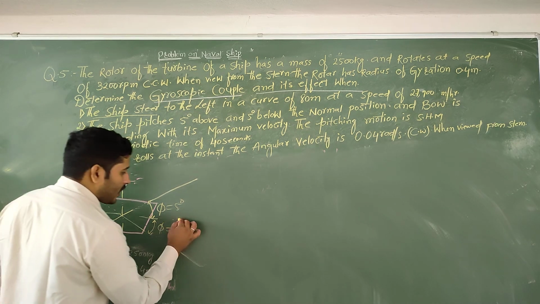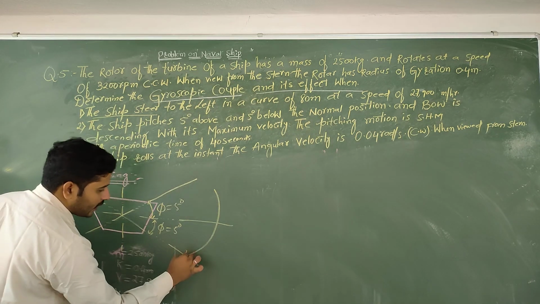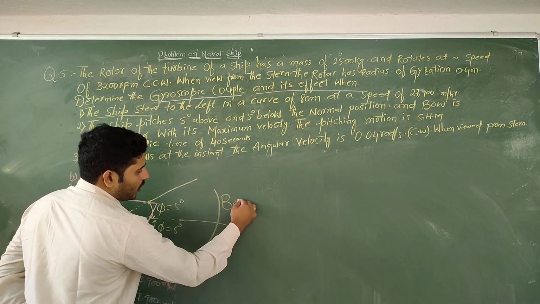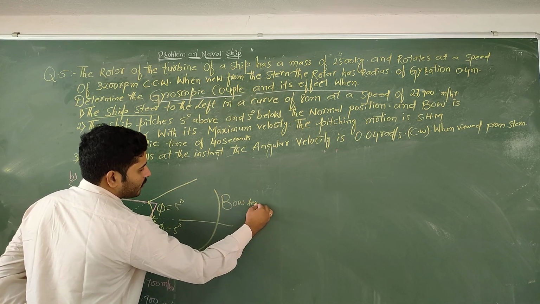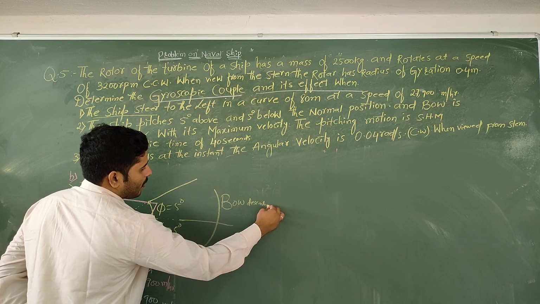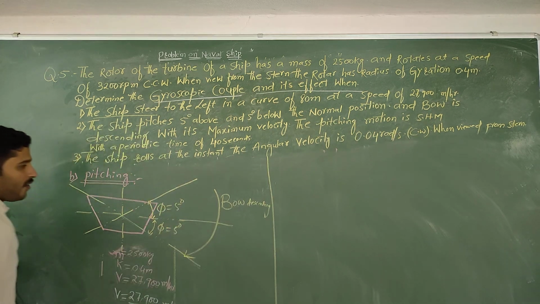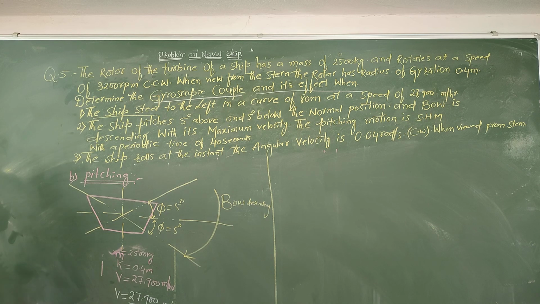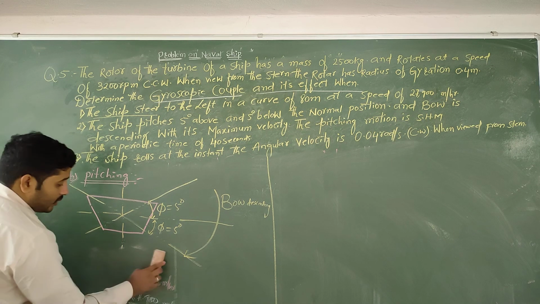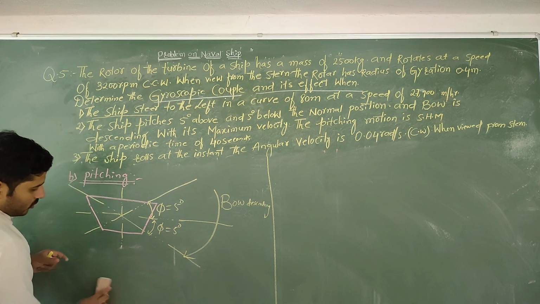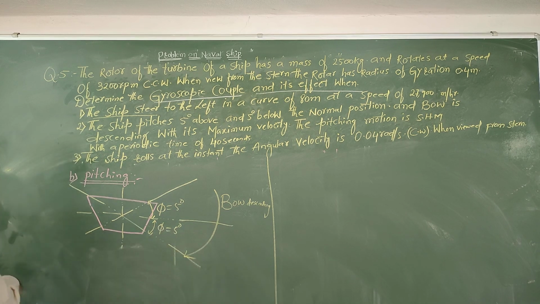Again, the second condition is telling about the bow is descending. Let us see. If the bow is descending, then the ship's bow will move toward the starboard.